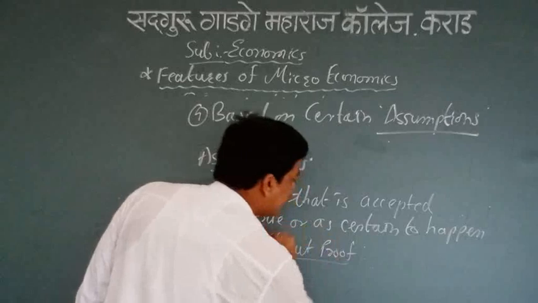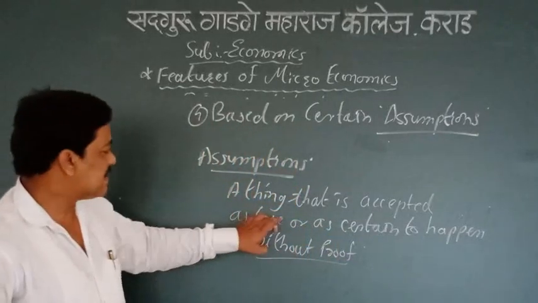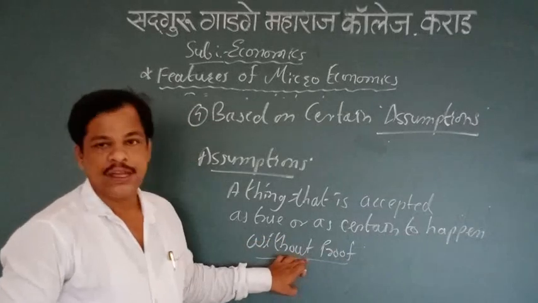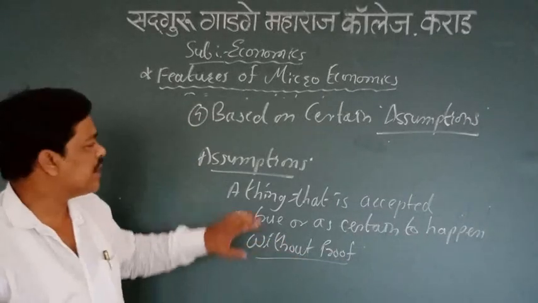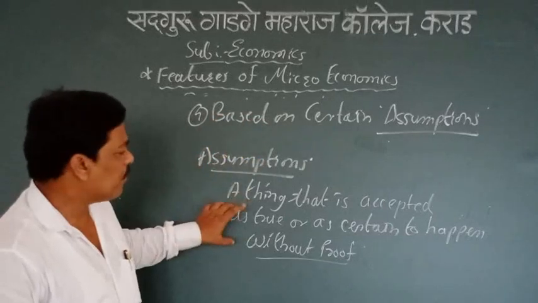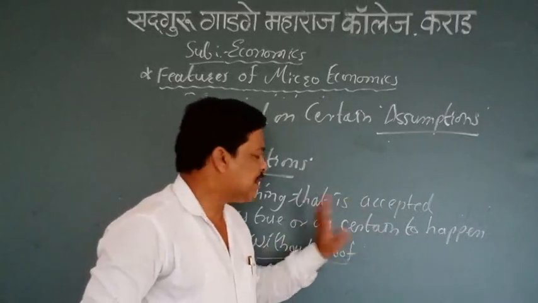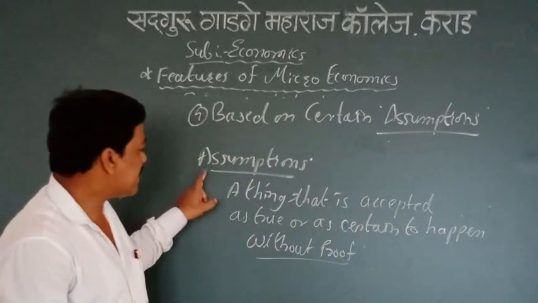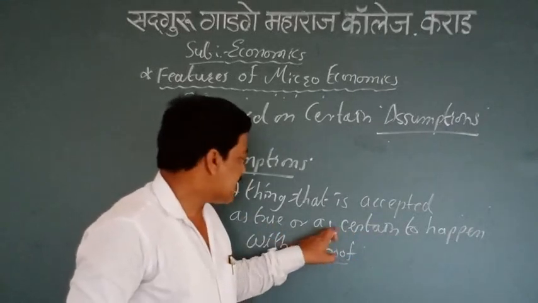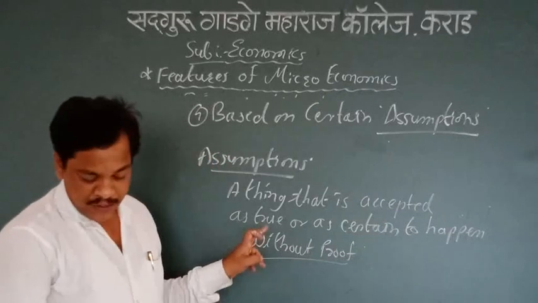Without proof, this phrase is very important. It is important for you to understand this when you discuss the laws of economics. It is important to accept or assume something, and that is called an assumption: a thing that is accepted as true or as certain to happen without proof.